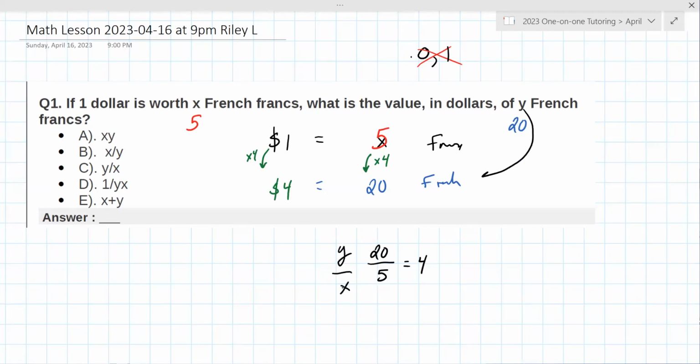So it's Y over X, letter C. The approach here is to test numbers, but you have to test numbers that make sense. Meaning, don't use 0 and 1. Use numbers a little bit further apart, numbers maybe you're comfortable multiplying or dividing. Maybe you weren't comfortable multiplying or dividing on that one.